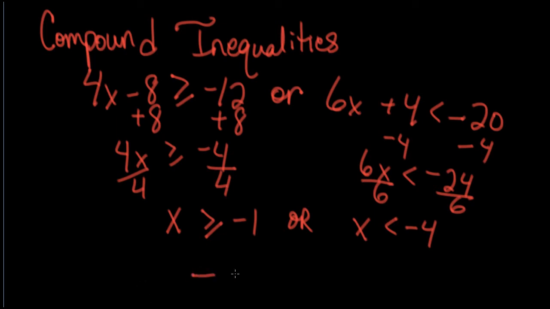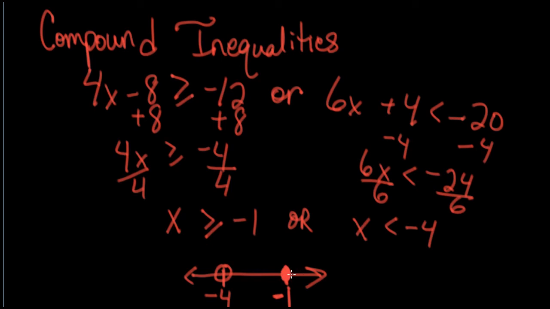But if I graph them, because it's not an and problem, I'm not going to graph in between this time. So here's negative 4 on the number line. Here's negative 1 on the number line. The negative 4 is an open circle because there is no line under that symbol. But negative 1 is a closed circle because there is a line. So watch this.